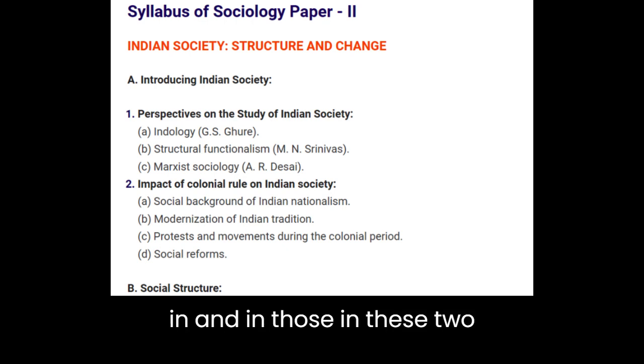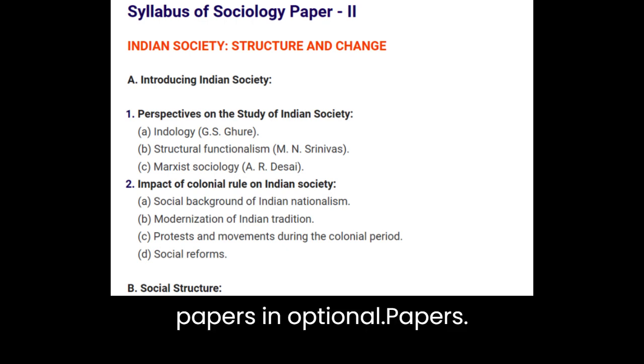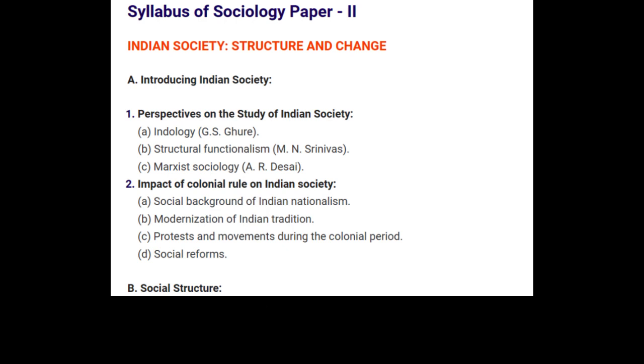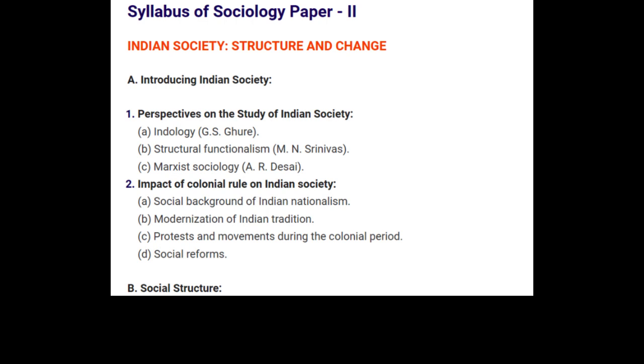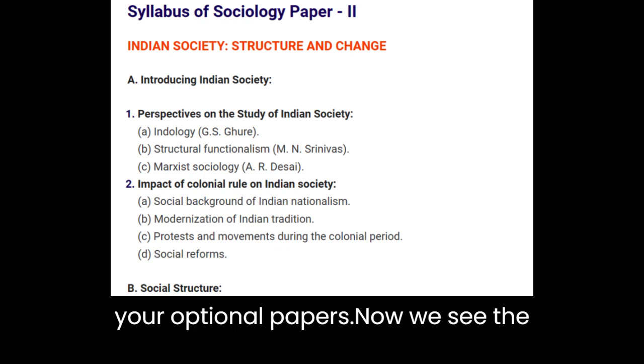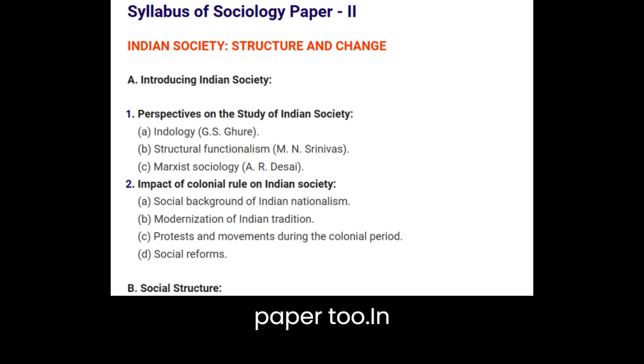And if you can get over 280, 300 marks in the two optional papers, you will have a very good rank. Okay, so focus on your optional papers. Now we see paper 2.